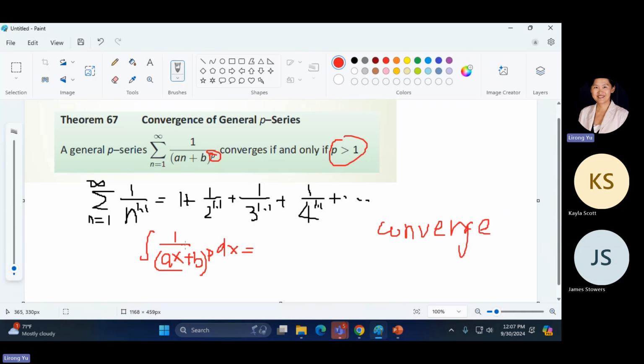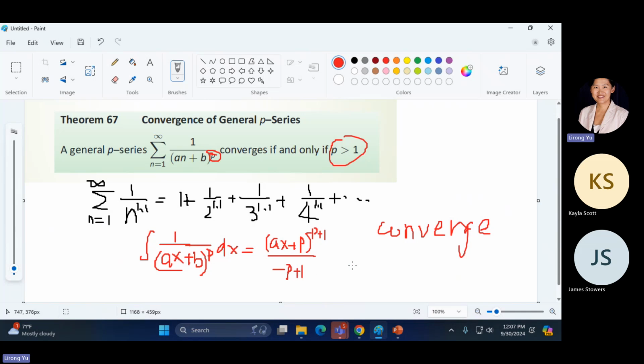The antiderivative has the exponent negative p, where p is not 1. So then the answer will be (ax plus b) to the power of negative p plus 1, over negative p plus 1. Integration, we add 1. So this is what happened.